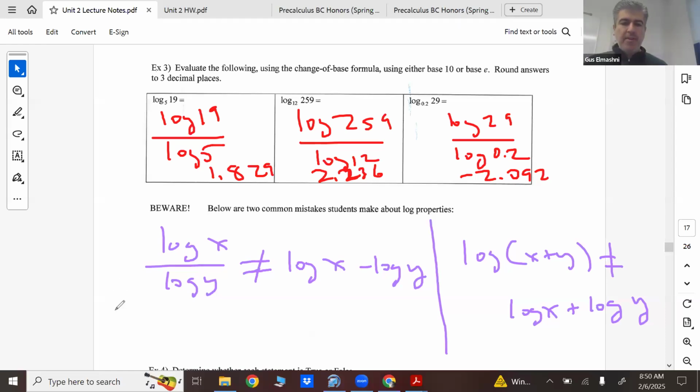I'll put some more up here, like log. That's not true, right? So anyway, we're only thinking one more here.